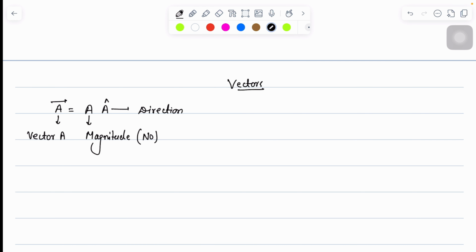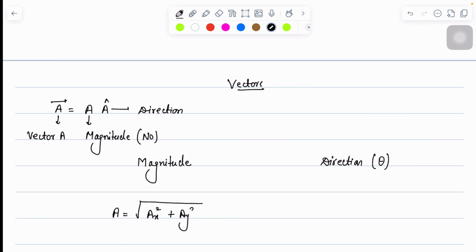Now guys, whenever you solve vectors, they are going to ask you two major things again and again: the magnitude and the direction or angle. How to solve magnitude? There is a simple formula. A equals root of ax square plus ay square.